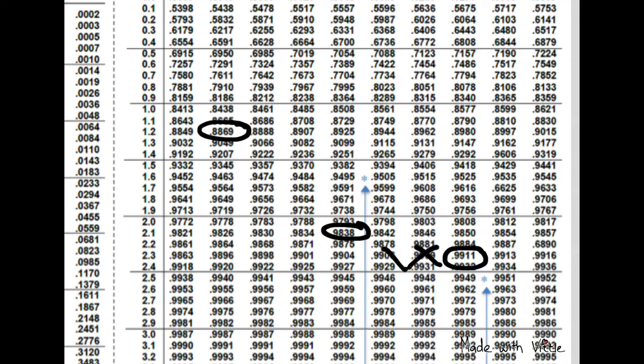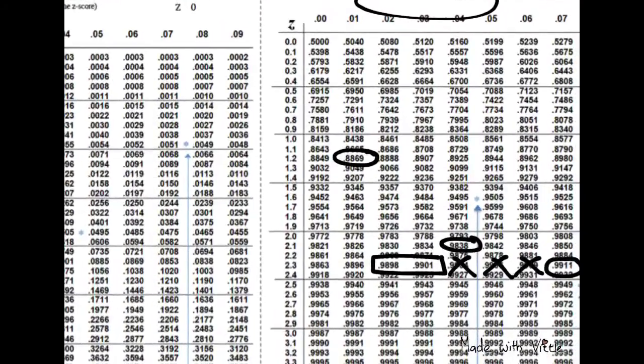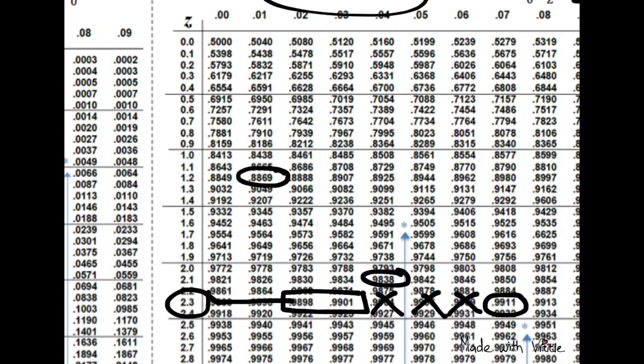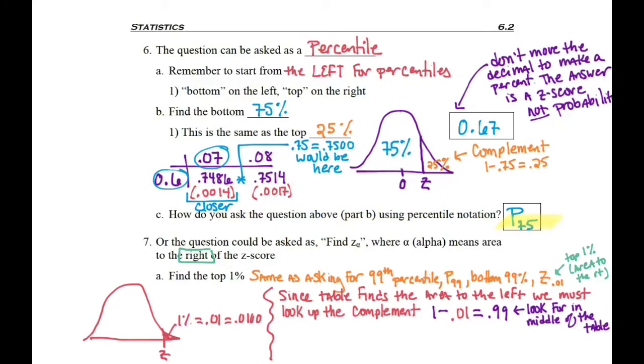Too big, too big, too big, too big, too small. Wait, that's it. I'm in the right pattern, so I need to back up, because I want one number that's too small and one number that's too big. So I want to take the numbers from row 2.3 and decide who is closer from columns 02 and 03.